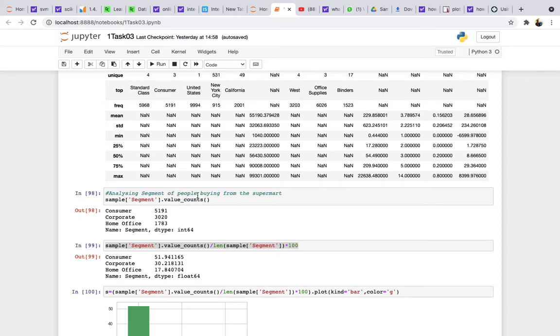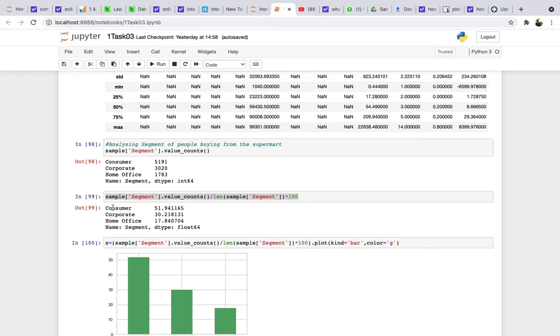Analyzing segments for people buying from the supermarket. Consumer 5,191, corporate 3,020, home office 1,783. Consumer is about 50%, corporate 30%, home office 20%.